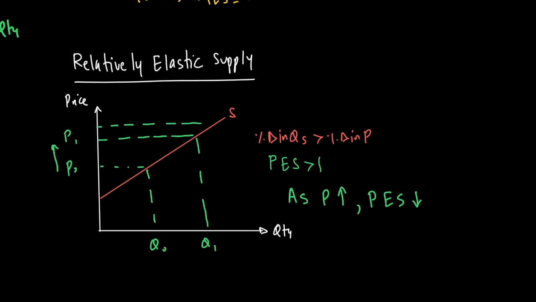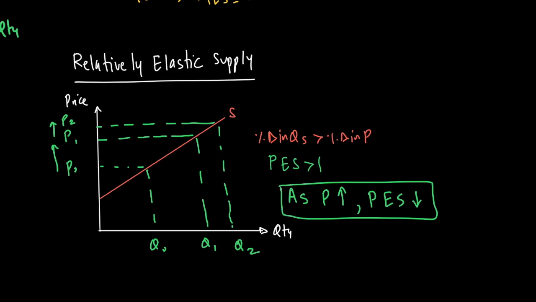The responsiveness is falling. It will not become inelastic, but the PES value will keep on declining. So remember that PES is not constant. Just like the inelastic supply curve, even in the elastic supply curve, PES is not constant.